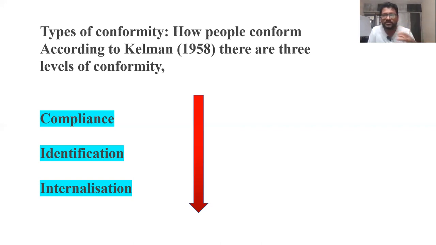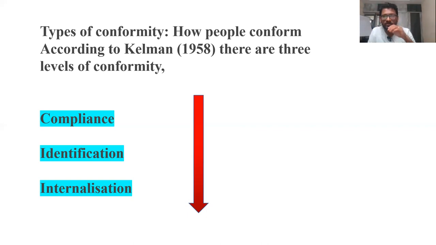In other words, the individual shows conformity to the group because they genuinely agree with their views. This is explained through informational social influence. Internalization is the deepest level of conformity.